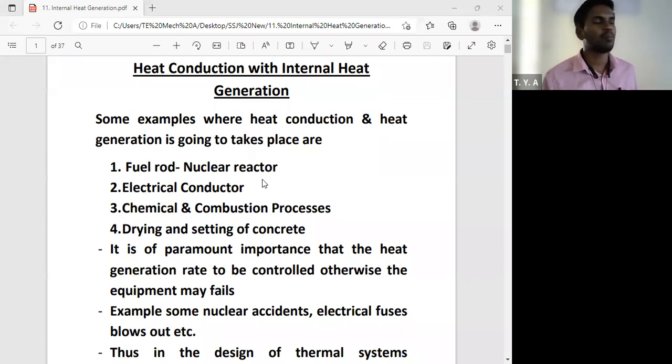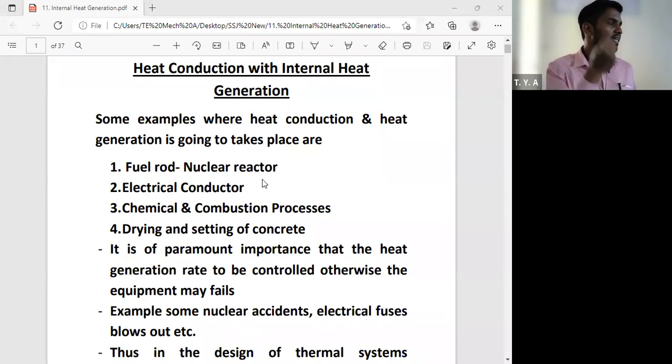Then chemical and combustion processes: because of the chemical reaction or combustion, some energy will be generated inside those chemicals. And drying and setting of the concrete: in that case also some heat will be generated within that component. So these are the examples where internal heat generation is there.